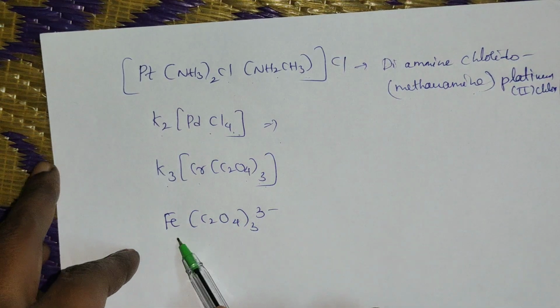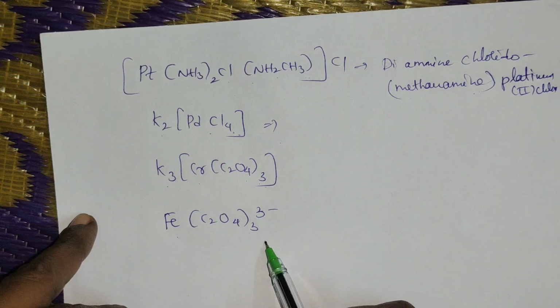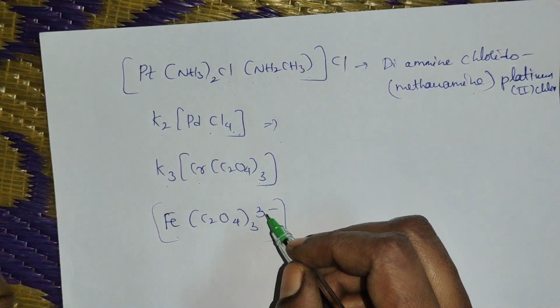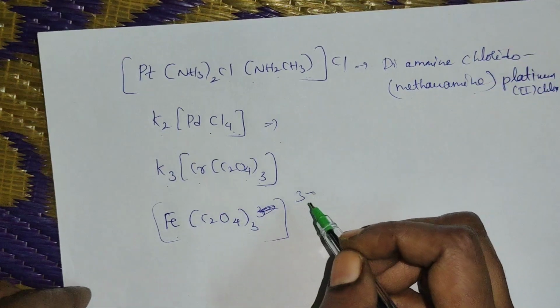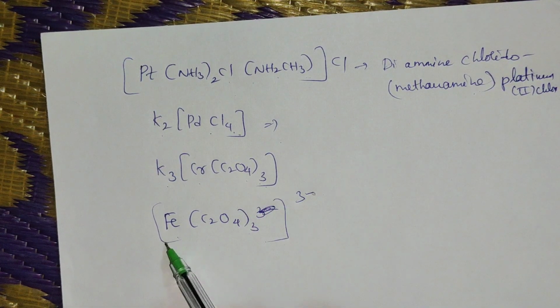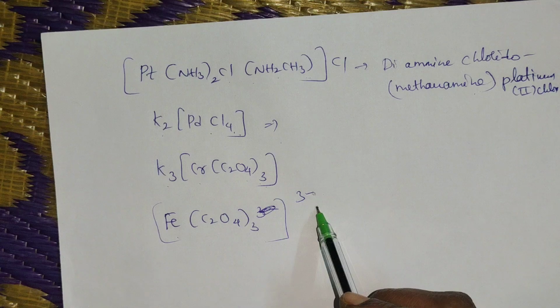Okay. Next, what is this, beta? Positive atom is not there, directly given. Here, what is the name of this, beta? Once you check, potassium is not there, positive is not there, meaning direct central atom and ligand are there, meaning first we have to write ligands. Trioxalatoferrate(III) ion. Okay.